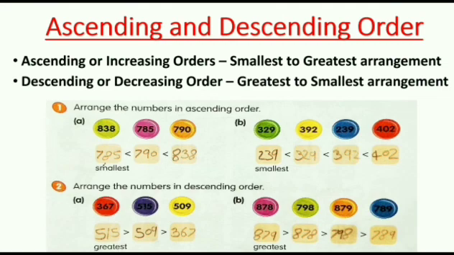In one it is 15 and in another it is 9. So obviously 15 is bigger than 9. So we will write 515 in first place, then 509, and in last 367. So like this we will arrange the ascending and descending order.